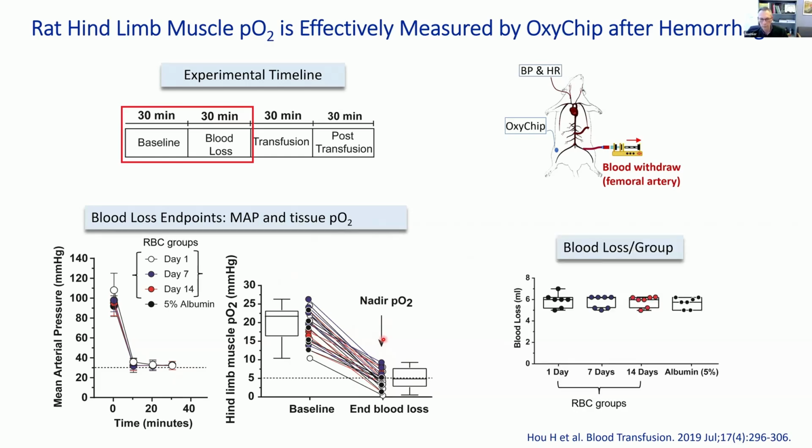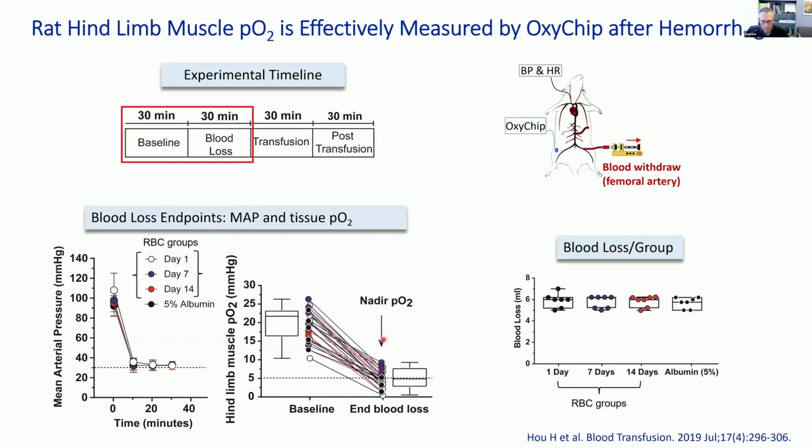In these animals, the blood loss was very consistent across groups. We looked at animals that were going to be grouped into 1-day, 7-day, and 14-day stored RBCs, and then an albumin group to control for no oxygen.